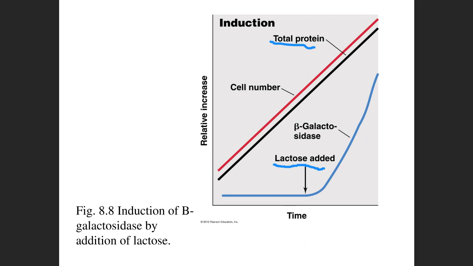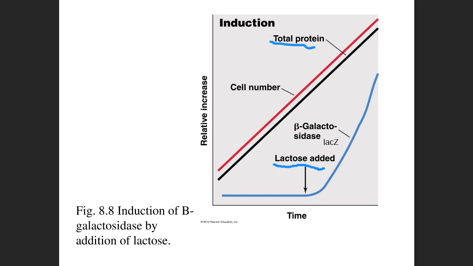Okay, there's no way around it. You just have to remember LAC-Z encodes beta galactosidase. I'm sorry. Hopefully, if you repeat enough times, you will memorize it. Okay, so you add lactose, you see the LAC-Z increase.